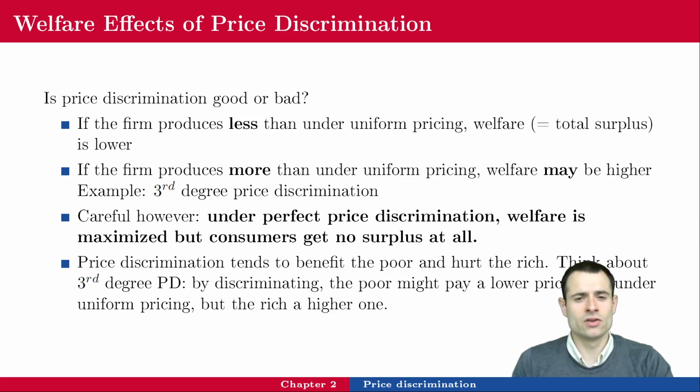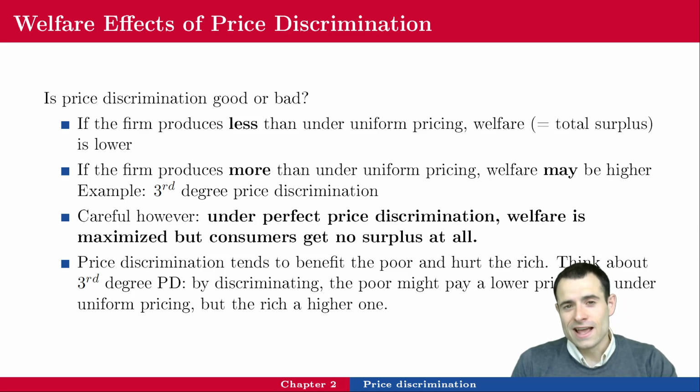The example I just gave you about movie tickets is exactly that. Either it's uniform pricing and I pay $12 for a movie ticket, or with a student discount, I could pay something like $3 less, and I would definitely go to the theater more.